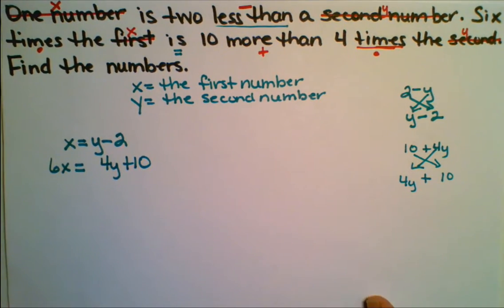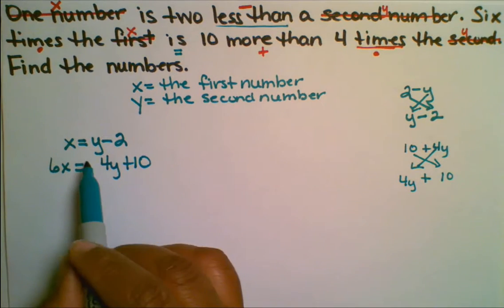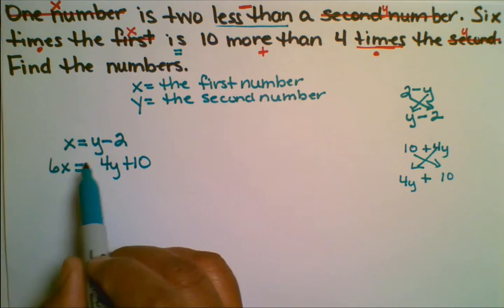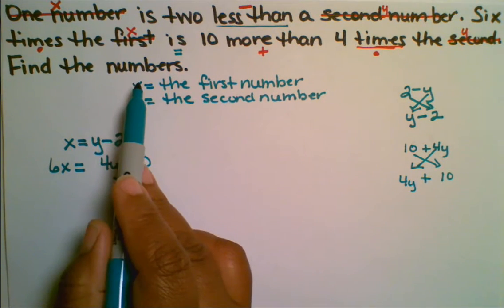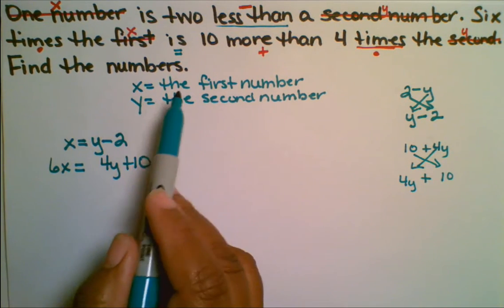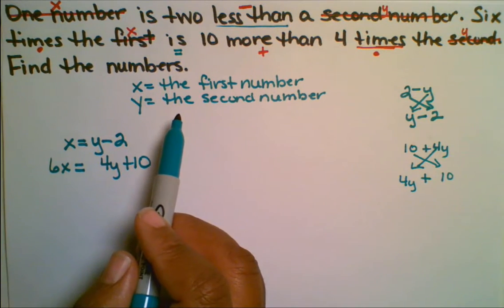Now, for this example, I would use the substitution method because our goal is to find the numbers, find x and y. Find the first number, find the second number.